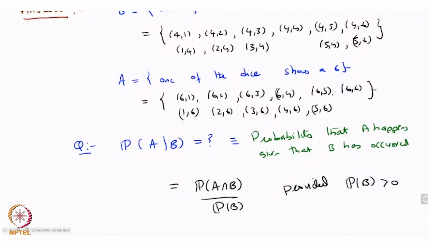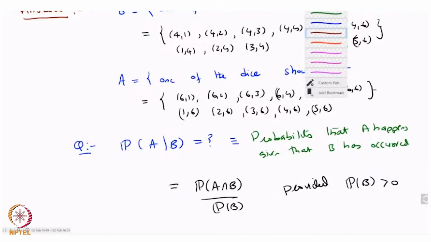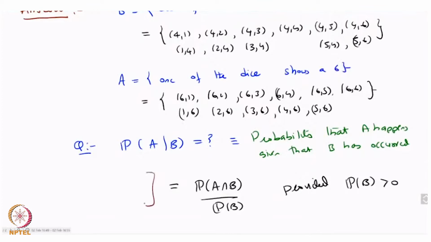This material is covered in section 1.3 of the text and the course videos. How this formula came about is that, in some sense, it's restricting your sample space to B and looking at how A occurs inside B. That's how this comes about.